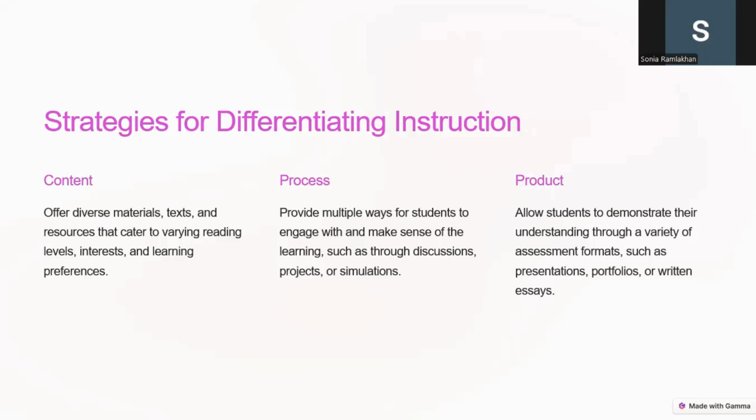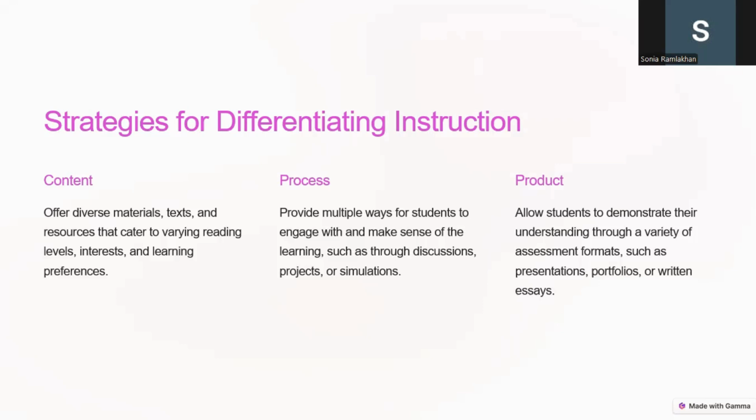We have process. In differentiated instruction, teachers provide multiple methods for students to engage with the content. This might include activities such as group discussions, projects, simulations, or digital tools that allow students to interact with the material in diverse ways.